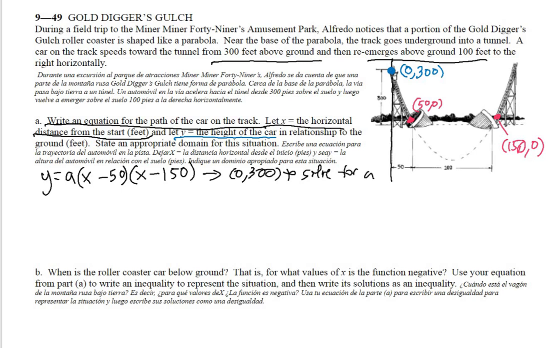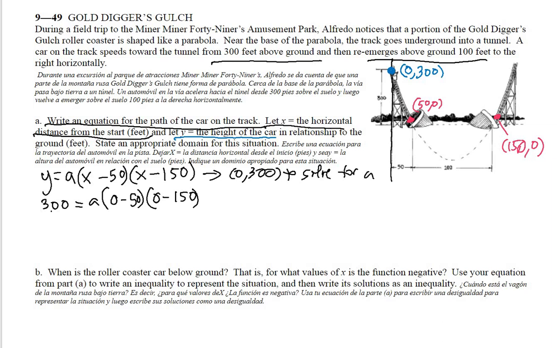I'm going to take 0, 300 and plug it into my equation. 300 is equal to a times, now when y is 300, x is 0. So a times 0 minus 50 times 0 minus 150.